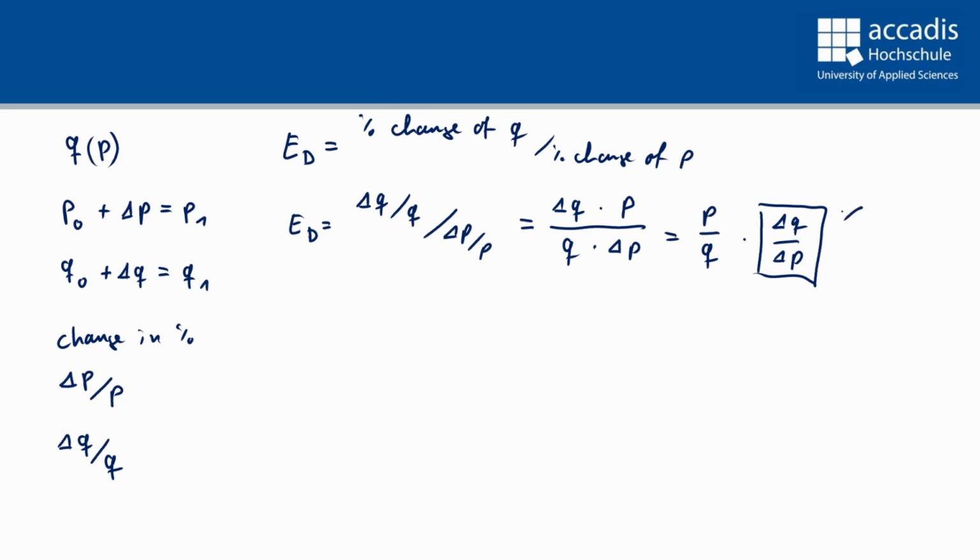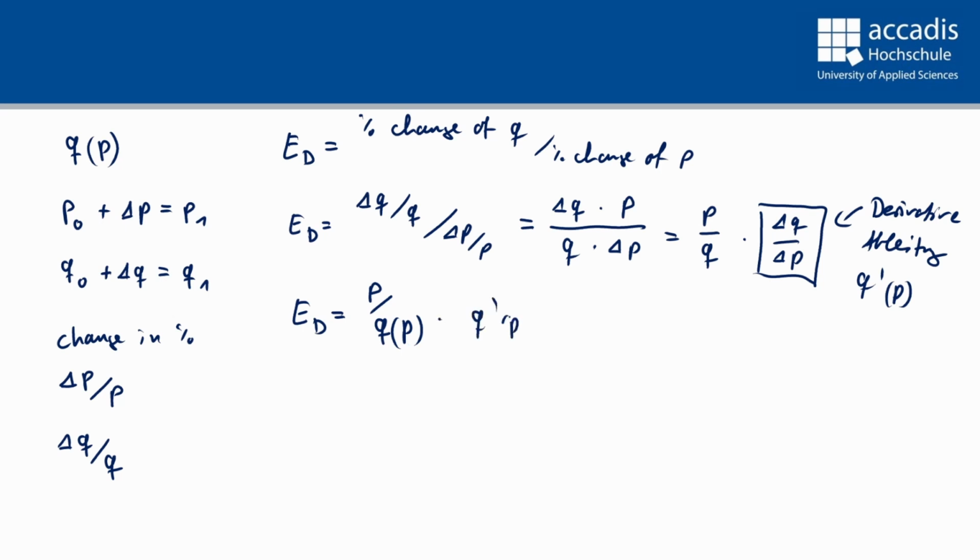You know that for infinitely small changes, this is the derivative, the Ableitung in German, of Q of P. So it's just the derivative, the Ableitung of our demand curve. And then we have a very easy formula for the price elasticity of demand. It's P divided by Q, where of course we can plug in our demand curve, Q of P, times the derivative of that.